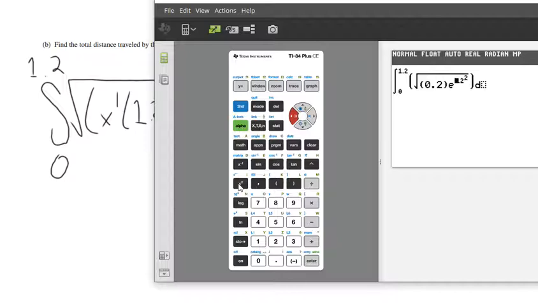Oh, actually, I don't want to have a closed parentheses here. I want to have a closed parentheses right here, because now I have to square this.